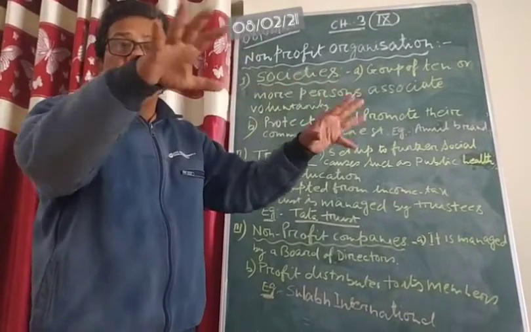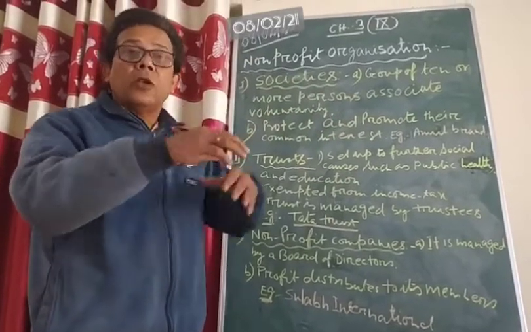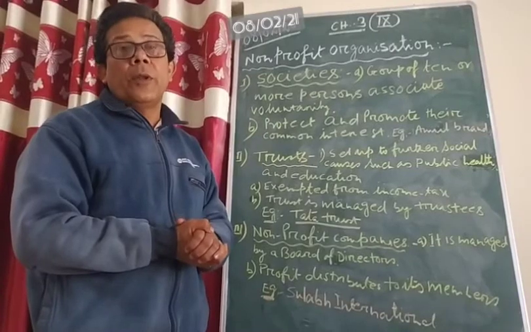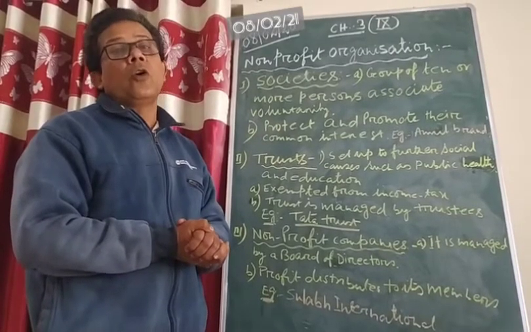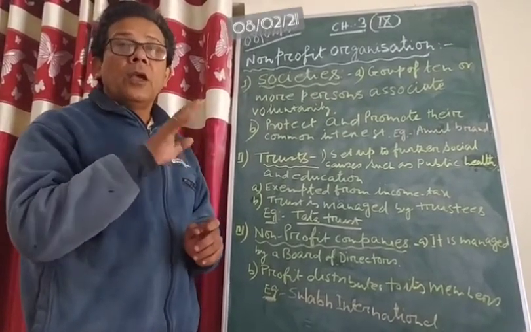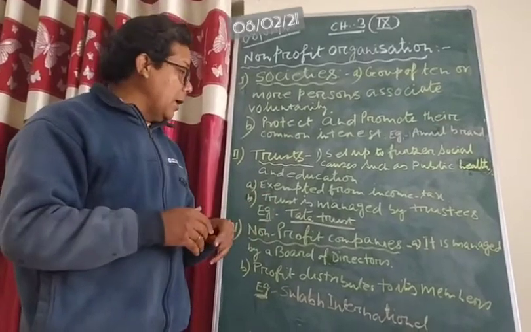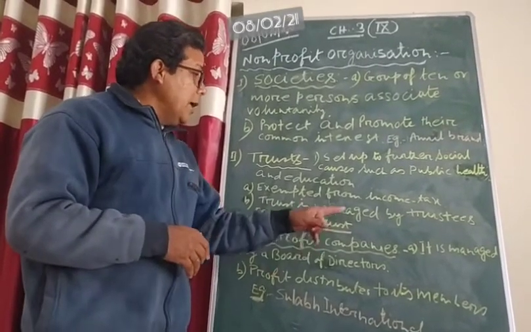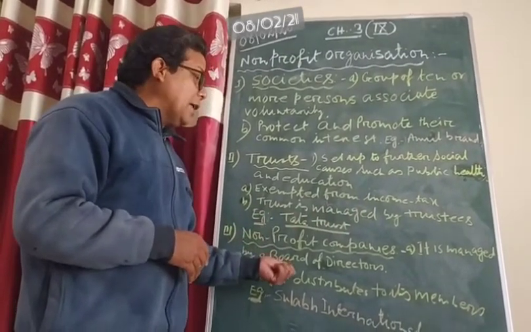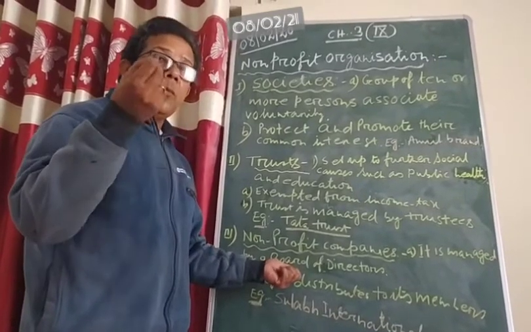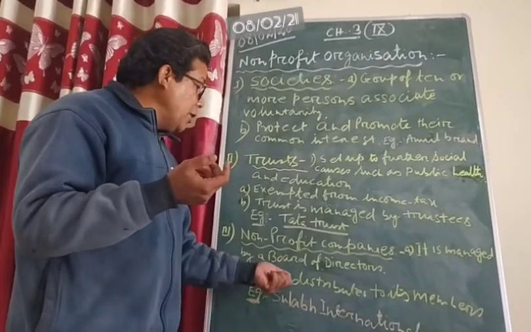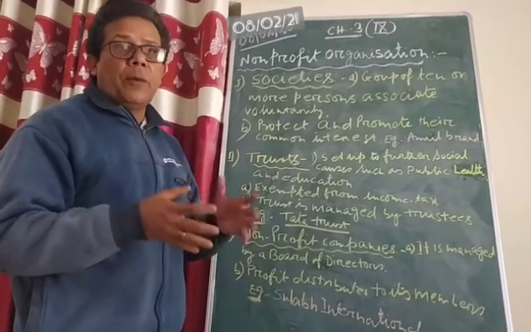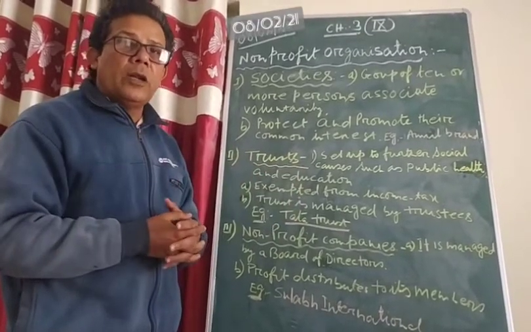The profit is distributed among the members who are working in that particular company. The money is not going to the company's pocket or the company's cash book or earnings. So what is a non-profit company? It is managed by a board of directors. Profit is distributed to its members.